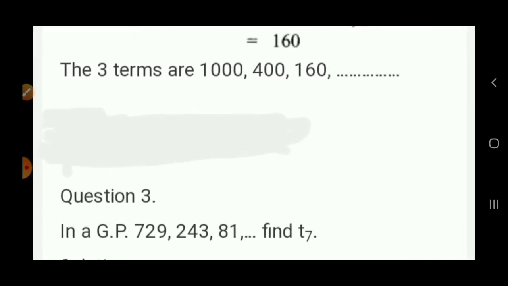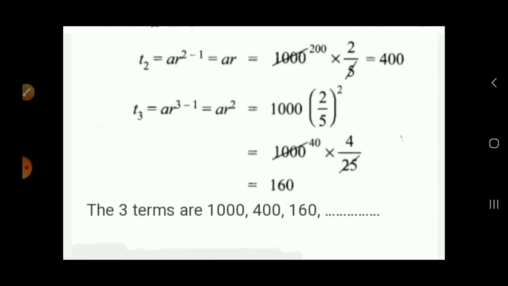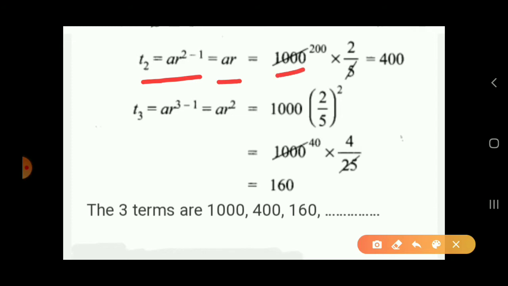Second term T2: A R power 2 minus 1. N is 2, so 2 minus 1, A R. A is 1000 into R is 2 by 5. The 5 and the 1000 cancel, so that is 200. 200 into 2 is 400.